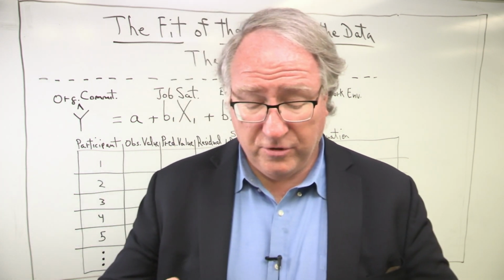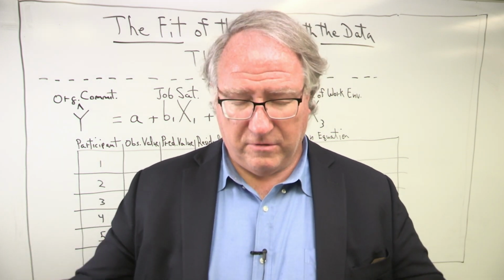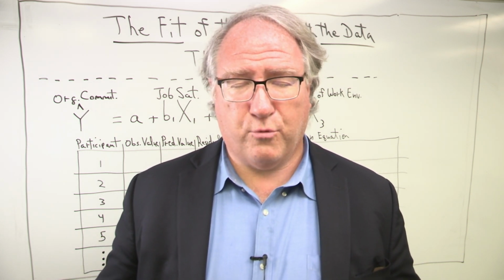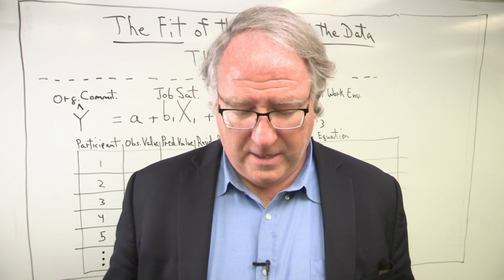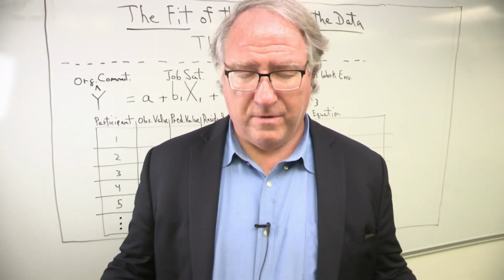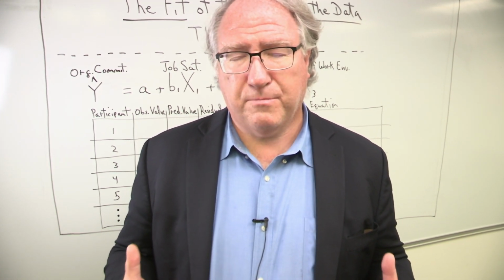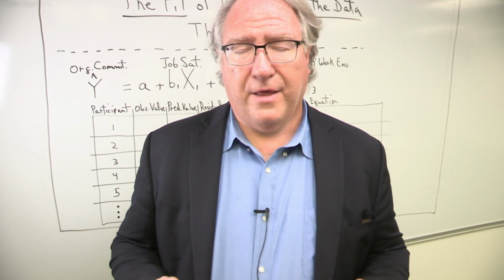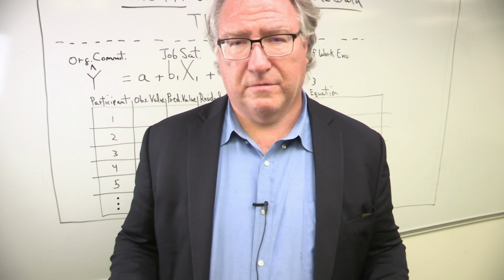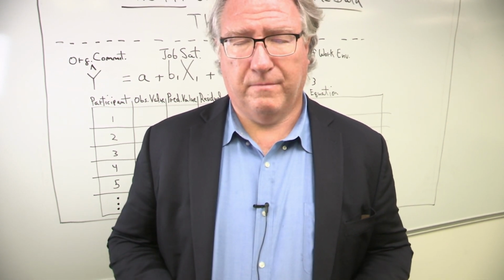Here's the exercise, and I just want you to go with this. I want you to slow your breath and close your eyes a bit, which is what I'm doing now. I want you to burn into your cortex this basic idea that there are two values on the outcome variable measure for each of your participants in the sample.